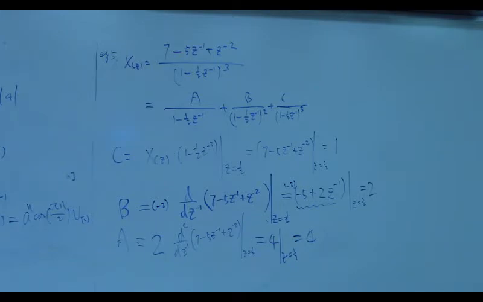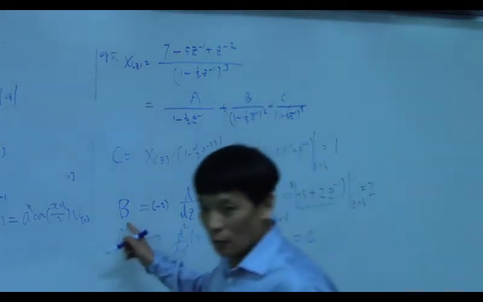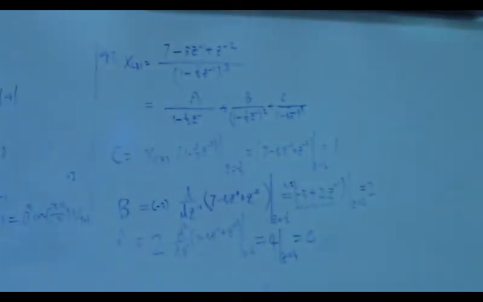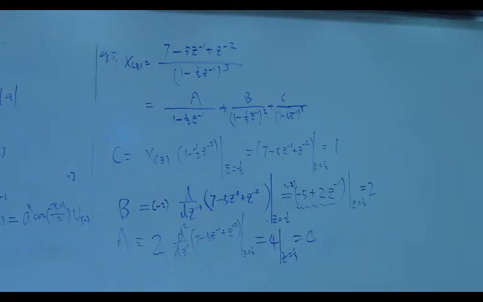I still don't understand where you got the negative 2 and the 2 in front of this one. Yeah, B and A. Look at your formula. I write here how to find this A, how to find that. Let me write the formula for this.